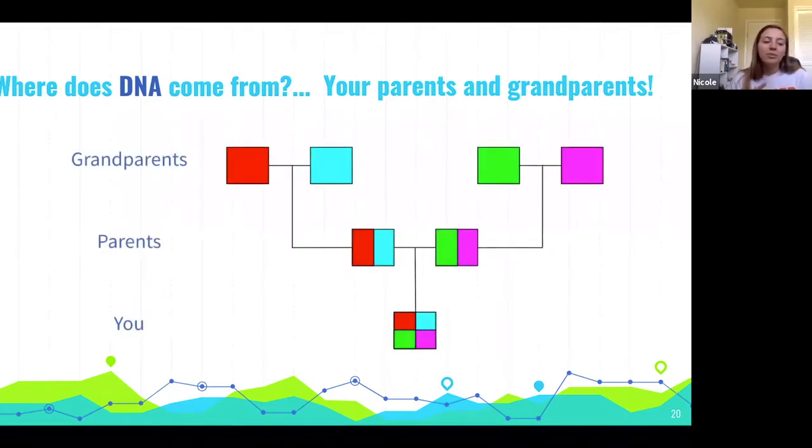This is why some people have traits that are more like their grandparents than like their parents. And since siblings get their DNA from the same parents, they tend to look similar. But you might notice that some people look a little more like their dad while their sibling looks more like their mom. That can be part of something called dominance, which is how strong a gene is.